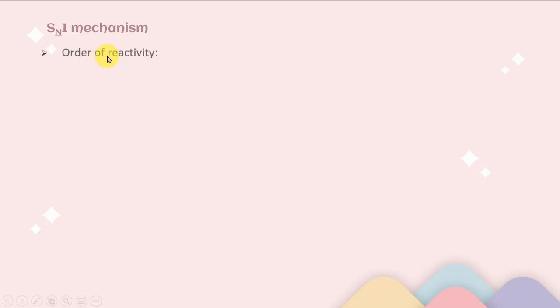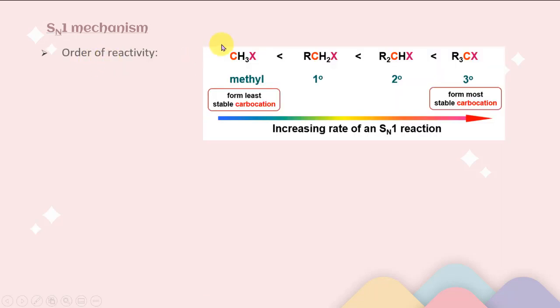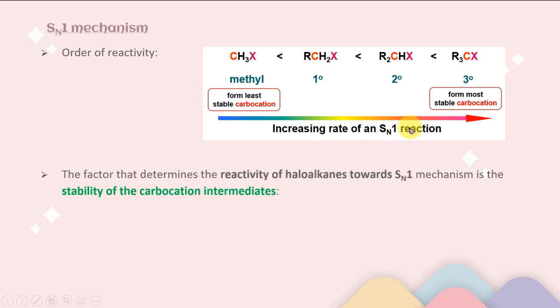For the order of reactivity, the least reactive towards the SN1 mechanism is the methyl halide, followed by primary haloalkane, secondary haloalkane, and the most reactive towards the SN1 mechanism is the tertiary haloalkane. So this is the increasing rate of an SN1 reaction. The factor that determines the reactivity of haloalkanes towards the SN1 mechanism is the stability of the carbocation intermediate.